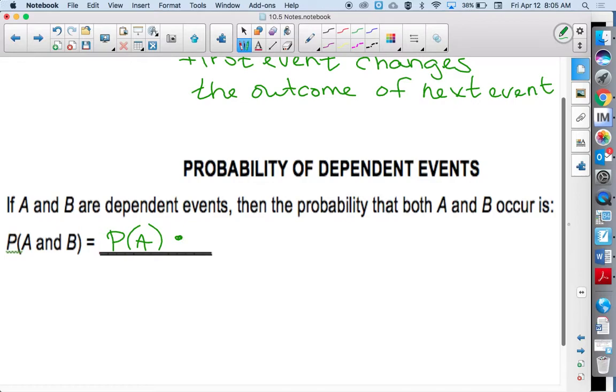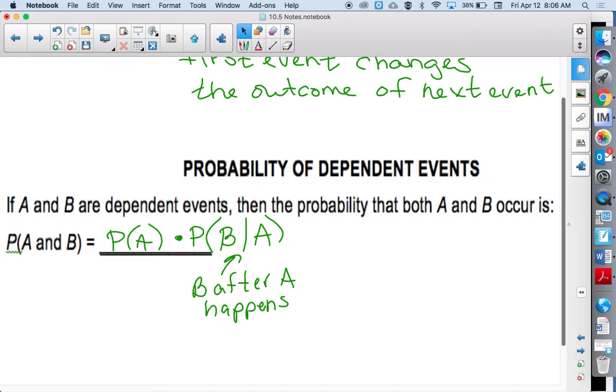And then you're multiplying that with the probability of B given A. So that means I'm finding the probability of B after the A has occurred and changed the outcome. And that's that line, that given information that we talked about yesterday. So we're still finding the probability of A like regular, but we have to think about what B is and how that change has affected B.